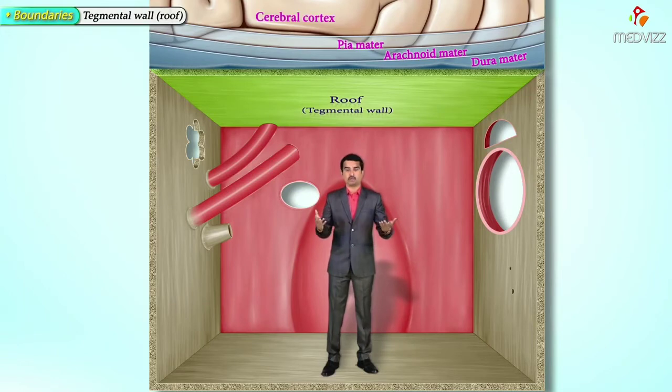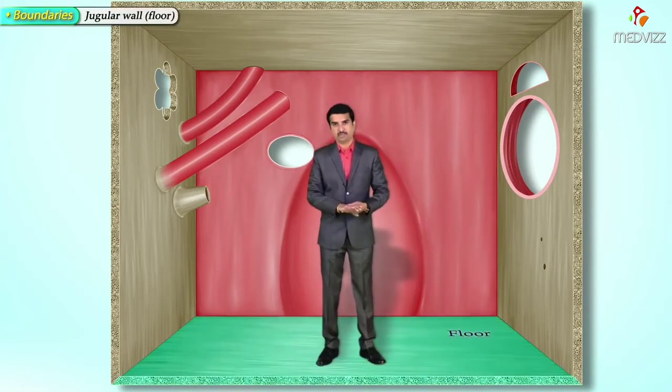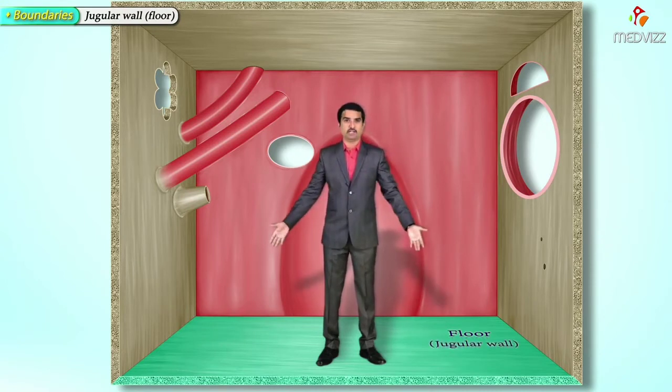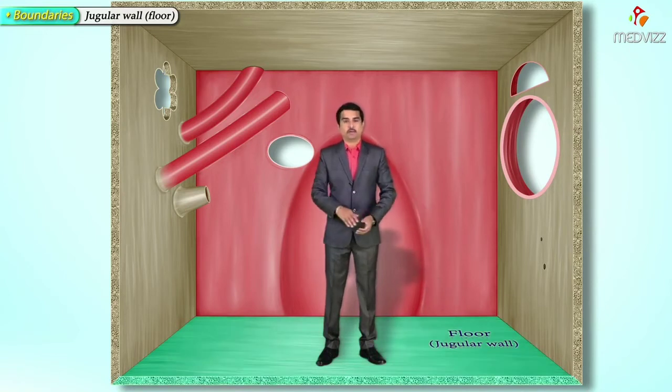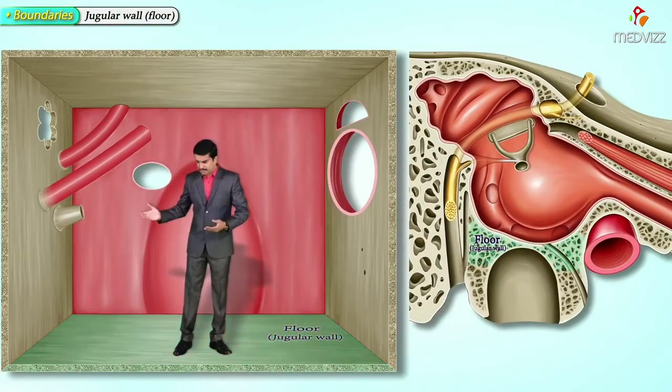and above that what you can see is the cerebral cortex. After discussing the roof, now let us discuss the floor of the middle ear cavity. As we said that the tegmental wall is called the roof, the jugular wall is called the floor. It is formed by a thin layer of bone.